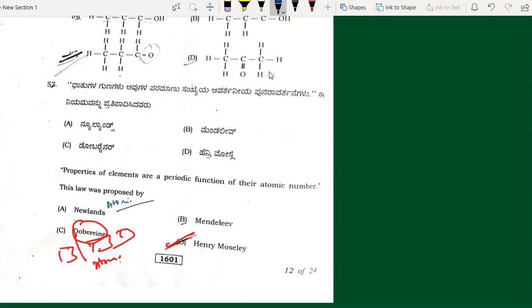He arranged elements in increasing order, and every 8th element would repeat. Mendeleev said the properties of elements are periodic functions of their atomic mass. All three concentrated on atomic mass, and Moseley is the only one who concentrated on atomic number. That's why he succeeded. The answer is Henry Moseley.